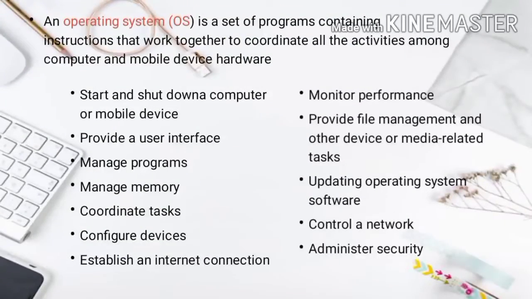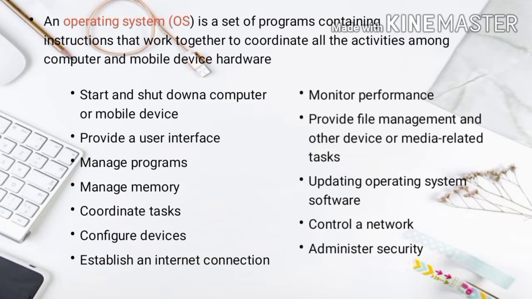An operating system, or OS, is a set of programs containing instructions that work together to operate all the activities among computer and mobile device hardware. First, start and shut down a computer or mobile device.